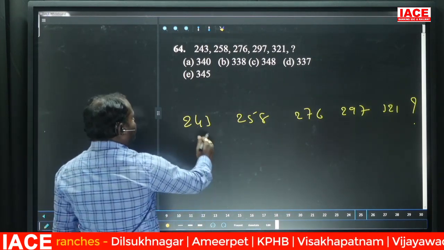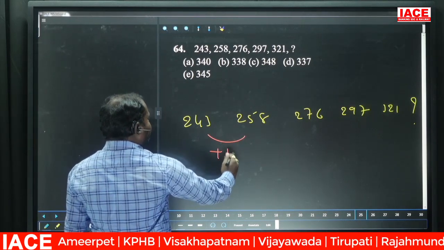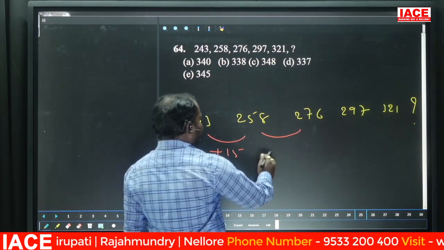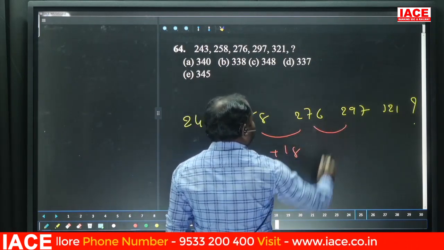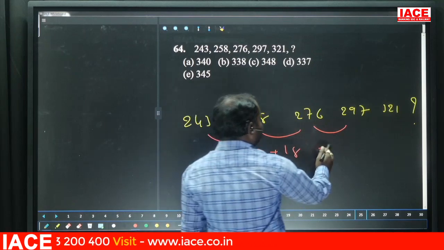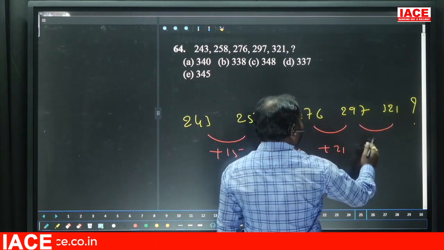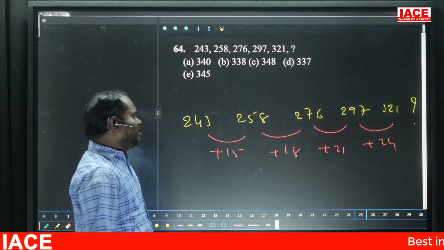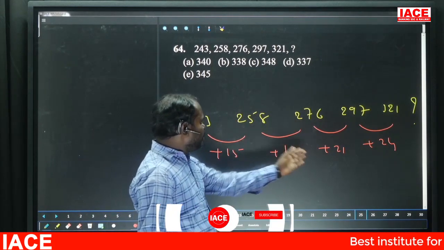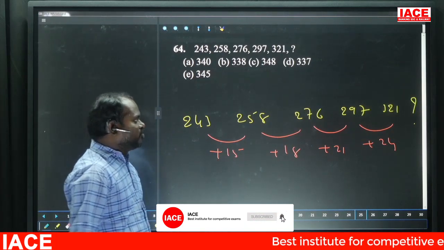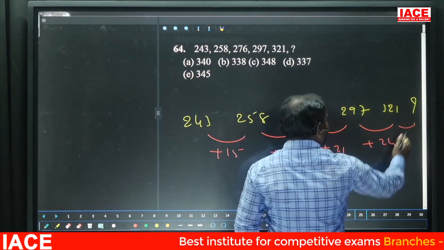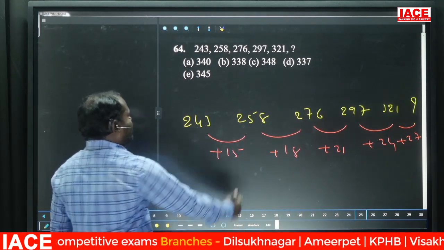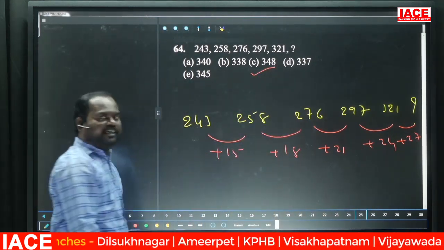Here 7 plus 8, 15 difference is there. 258 to 276, 18 difference is there. 276 to 297, 21 difference. 297 to 321, 24 difference. So 3, 3 gap: 24, 21, 18, 15. So next should be 27. 321 plus 27 is 348. Option C. Option C, 348.